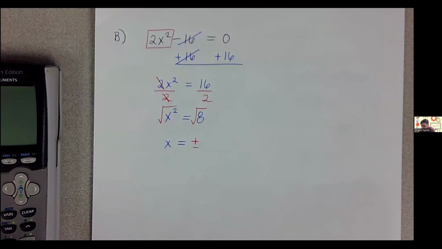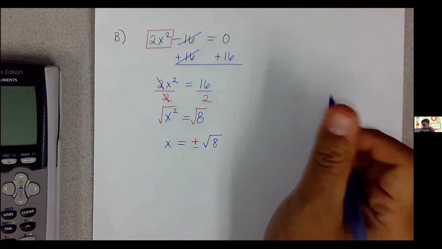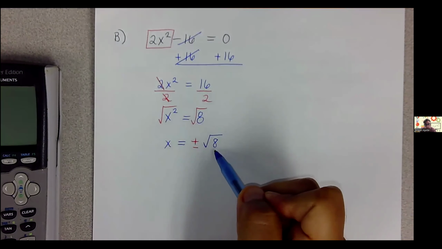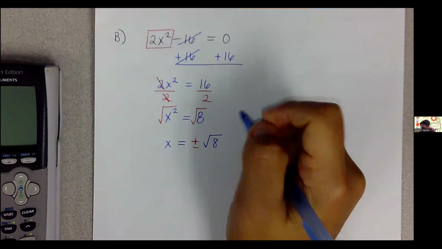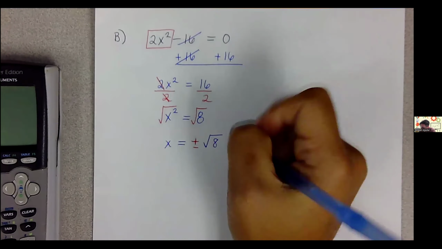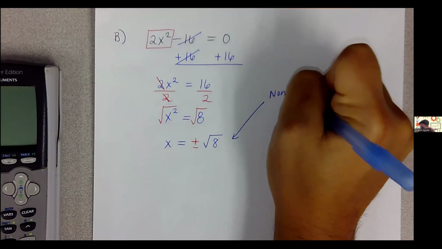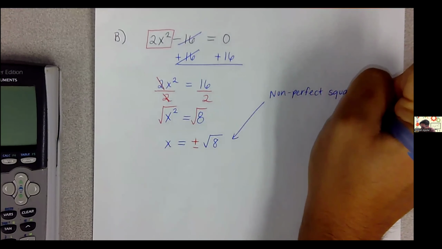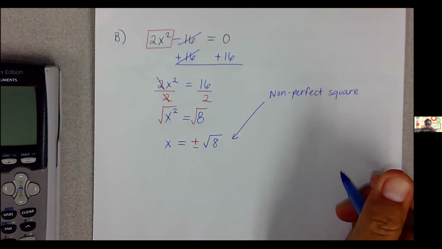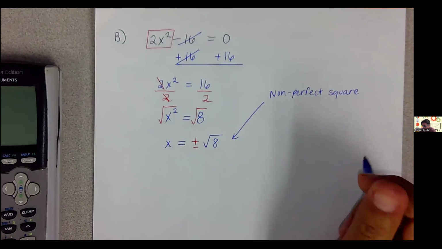But the square root of 8 is not a perfect square. In most cases, your homework platform is not going to accept the square root of 8 until it's simplified completely. So if you have a non-perfect power, in this case a non-perfect square, then you have to simplify the radical by hand. You won't be able to do this in the calculator.